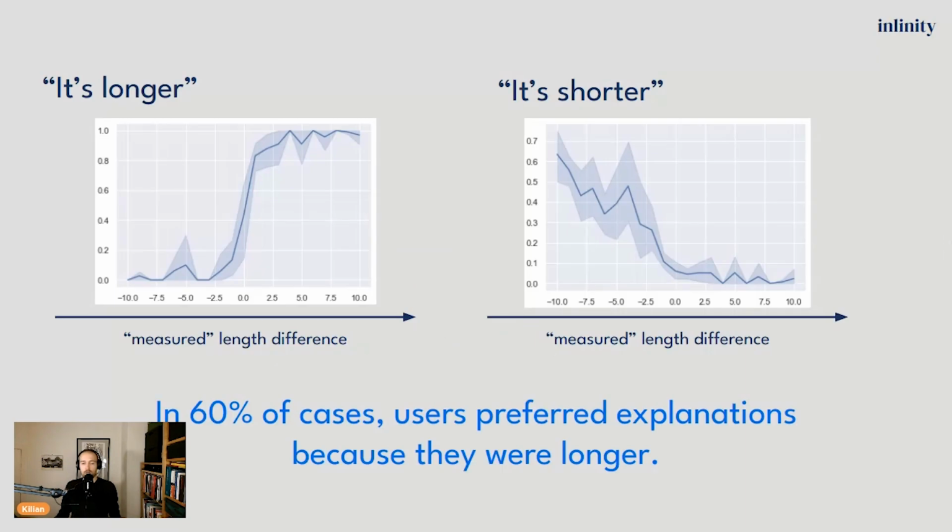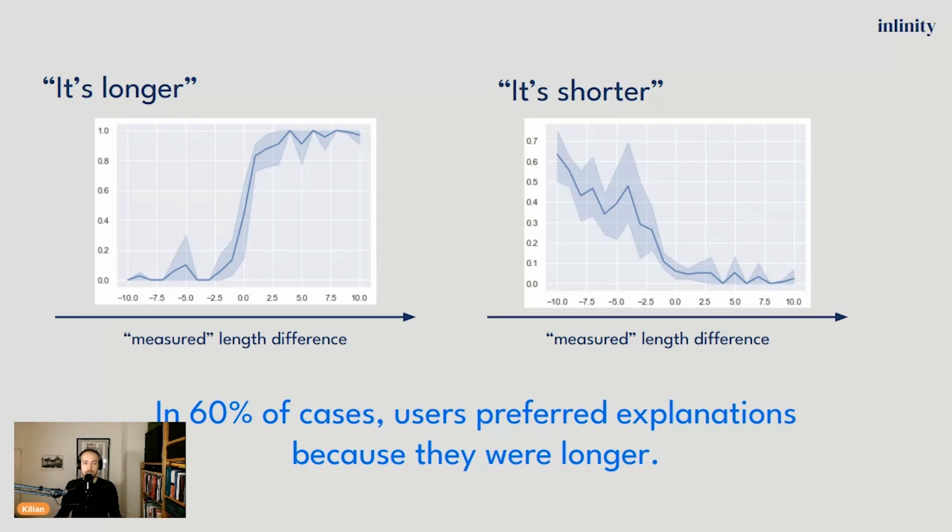And to give you a little bit of insight into one study that I ran during my PhD, I promise these are the only two plots with data in here. What we did essentially is to give people two explanations for the very same outcome that an AI system produced, and then ask them to pick one of them, the one they preferred in that situation.